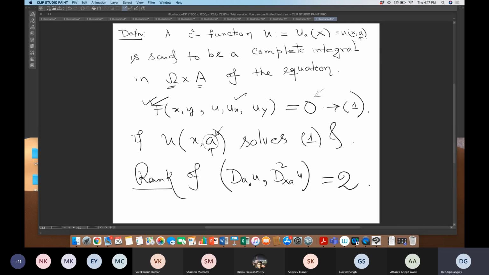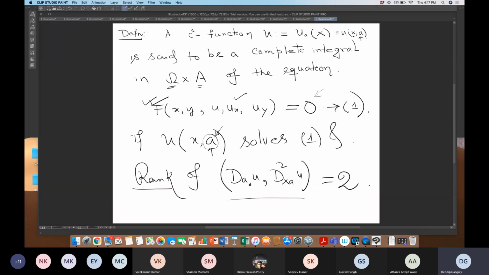So u is said to be a complete integral of the equation if u(x,a), for a in the open set, solves this equation, and this 2 by 3 matrix has rank 2. Is it clear? Not really, right? Because you can ask what this a is.